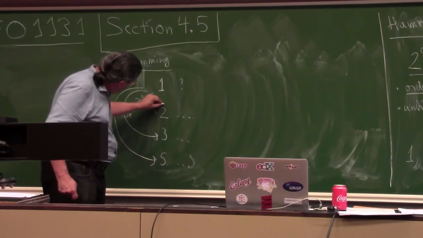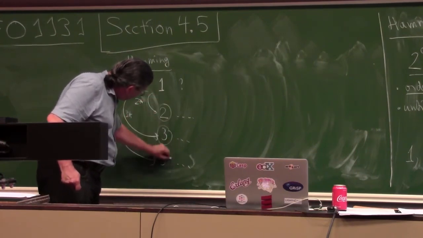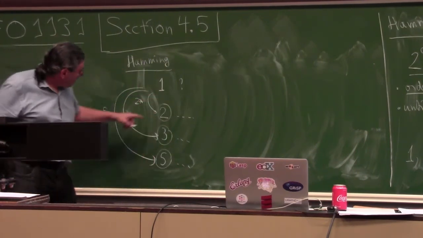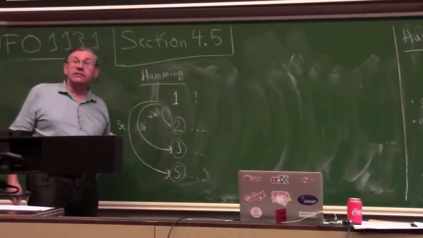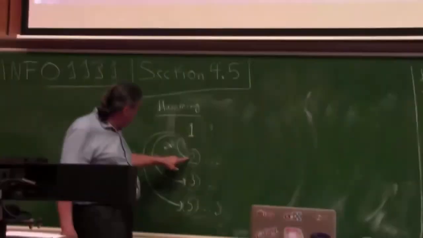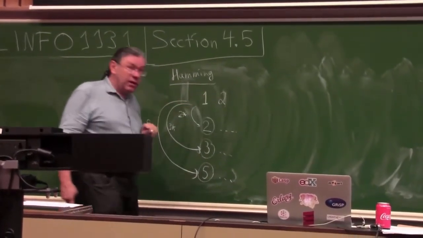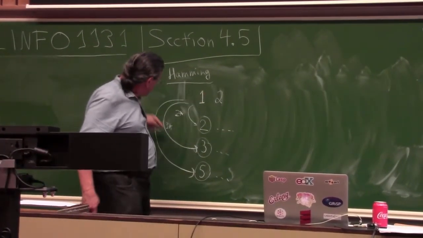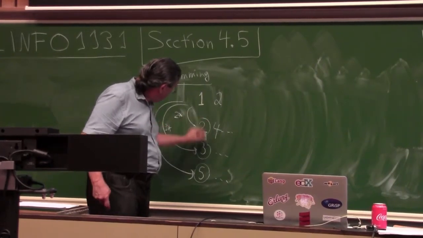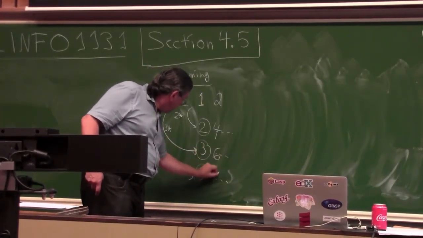And then I will look at these 3 sequences, and I will take the least, the smallest one. So here I will put in a 2. Okay? So I put in a 2, and when I do that, the sequences get updated. This one becomes 2, 4, 3, 6, 5, 10.